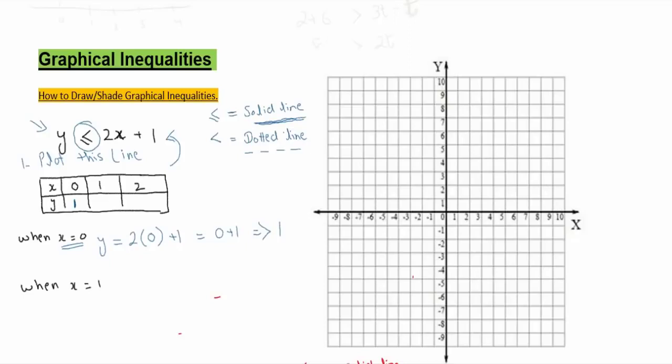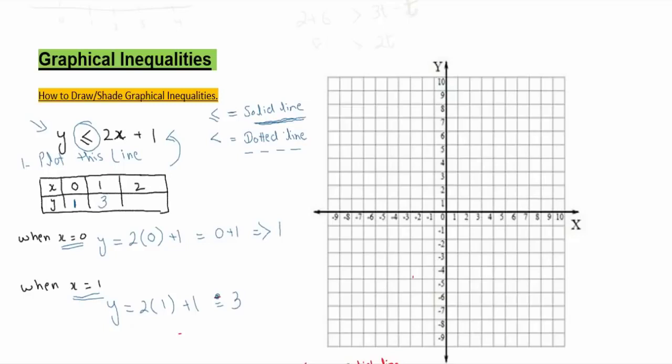Now I need another value. Now I will suppose when x is equal to 1, I am going to substitute this value of 1 in the equation. So y is equal to 2 bracket 1 plus 1. I would get an answer of 3. So I am going to put 3 right here.